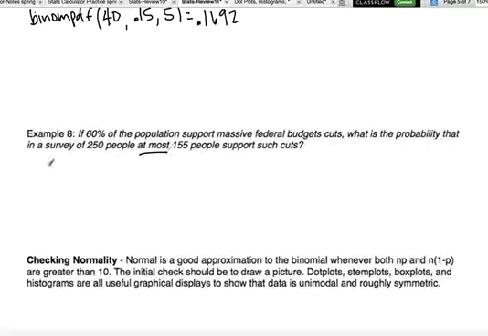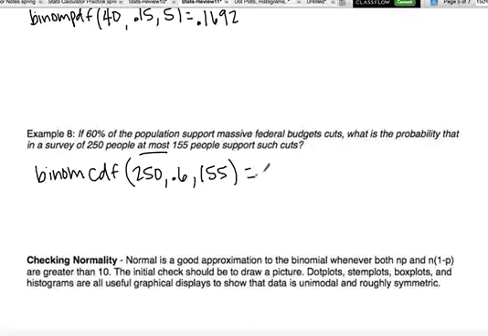Alright, so this one says at most, so because it says at most, I can do binomial CDF. 250 is the number of people that you surveyed, 60% support the federal budget cuts, and then we're looking for at most 155. Whenever you do that, you should get 0.7605.